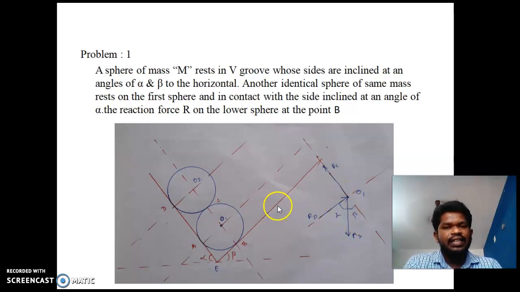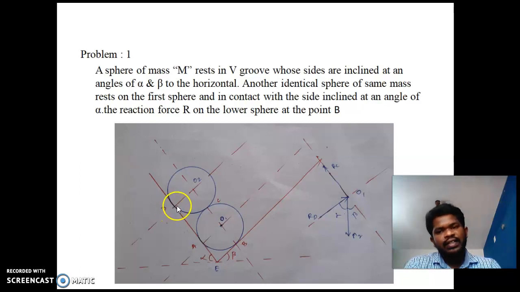Next, the reaction force is developed at the point D. RD means the reaction force. One side of the V groove surface applies the force on sphere 2. The direction of RD is always perpendicular to the point of contact between the two bodies.